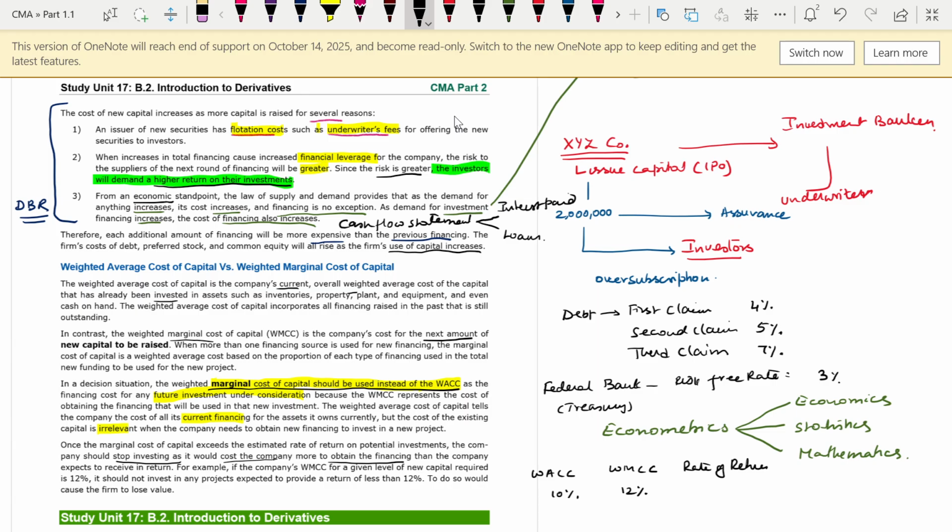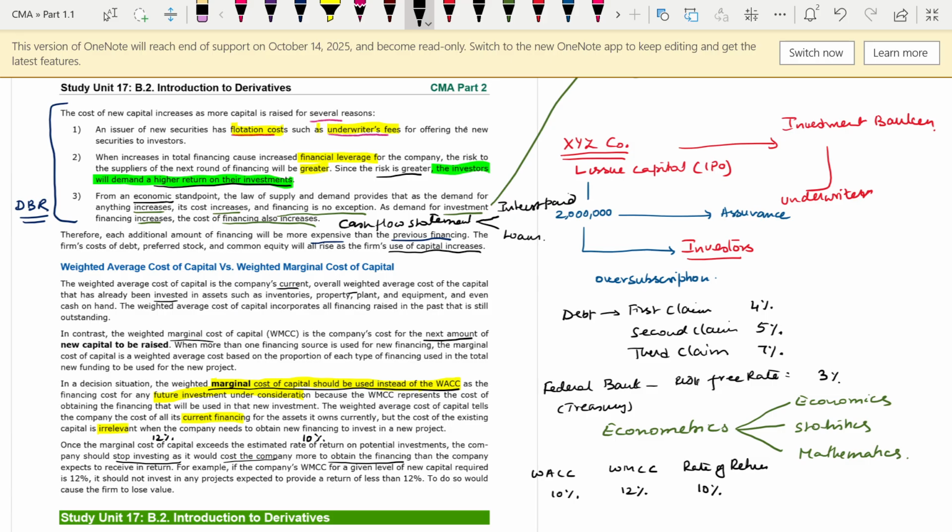If the rate of return is 10% and the marginal cost of capital is 12%, the company should stop investing. There is no point. You are borrowing at 12% and you are getting a return of 10%.